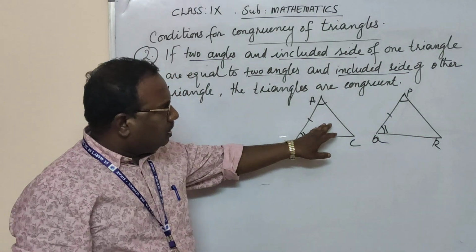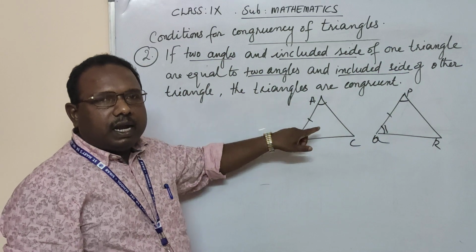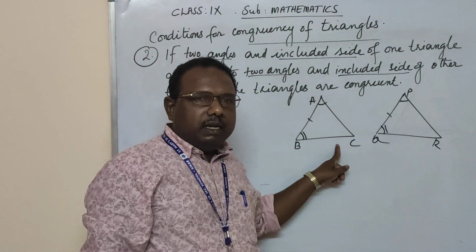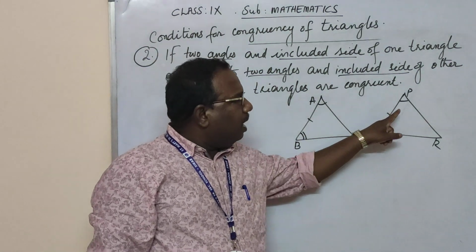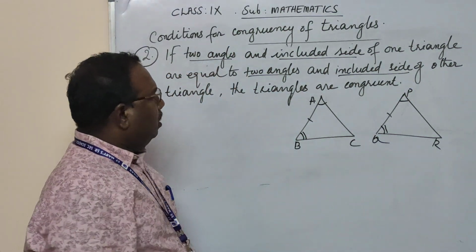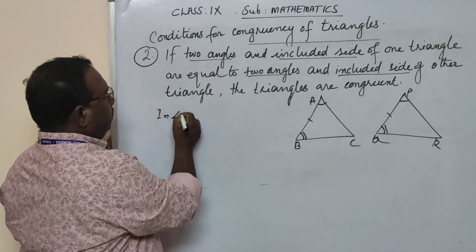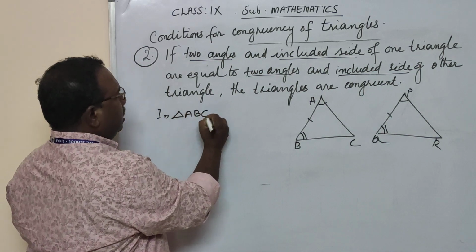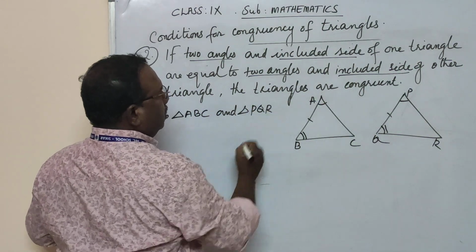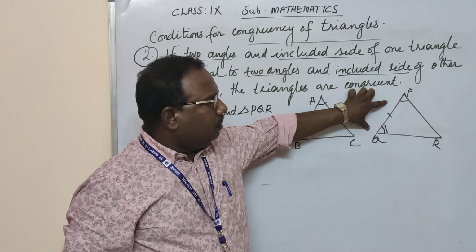Let's come to the given triangles. We have been given two different triangles. ABC is one triangle and PQR is the other triangle. In these two triangles, in triangle ABC and triangle PQR, AB corresponds to PQ.